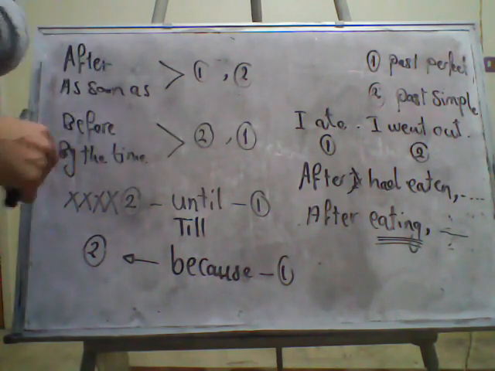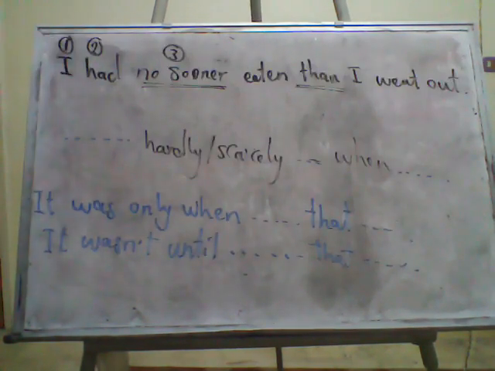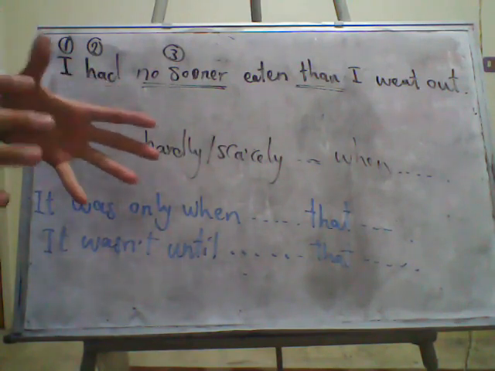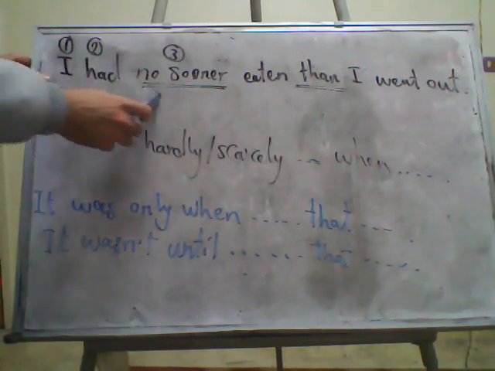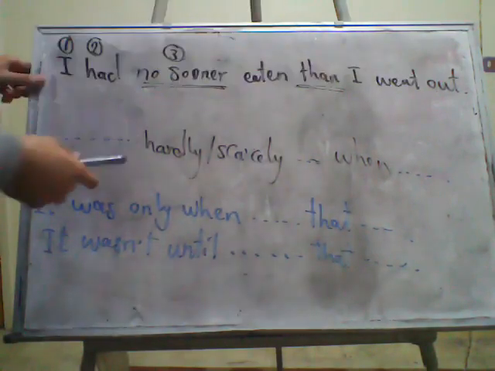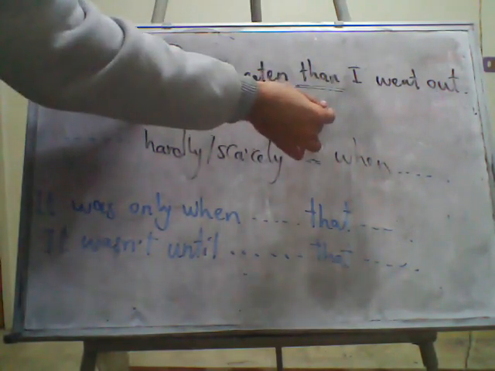I'm going to show you other connectors which may appear unusual to you. As you see here, we have a sort of compound conjunctions. They come with past simple, past perfect, and so on. As you see, I have no sooner eaten than I went out. So I have the words no sooner, with than.